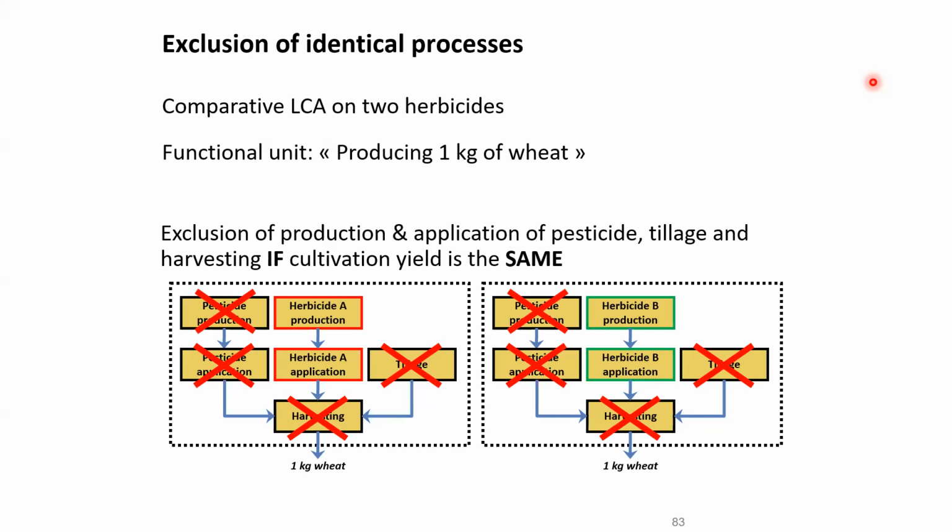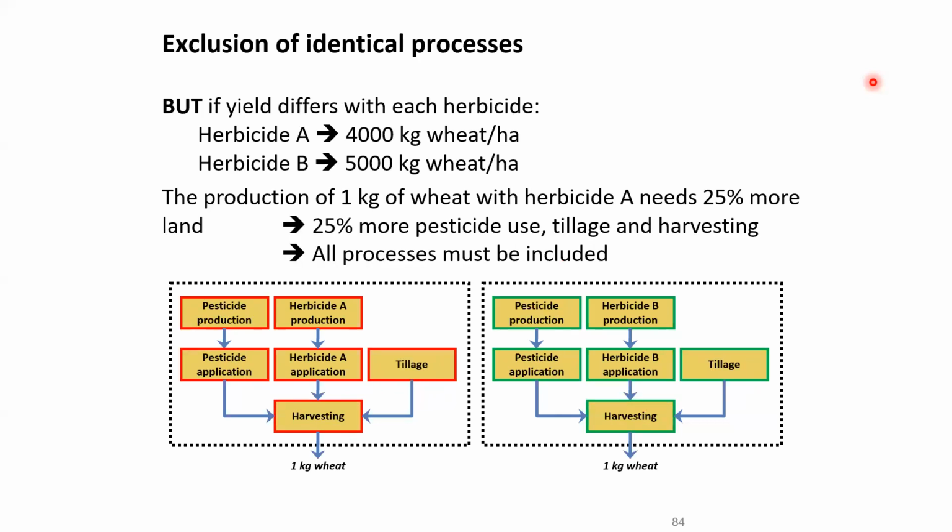If you're producing 1 kg of wheat, you can exclude production and application of pesticides, tillage and harvesting if the cultivation is the same, herbicide A versus herbicide B. But in case the yield is different with herbicide A versus herbicide B, then you need to take the entire process.